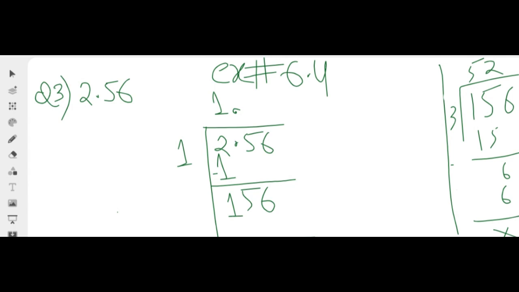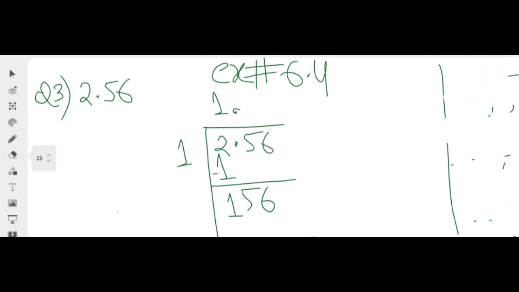Like 156 divided by 6. 6 1s are 6, 6 2s are 12. It's coming. 6 2s are 12.